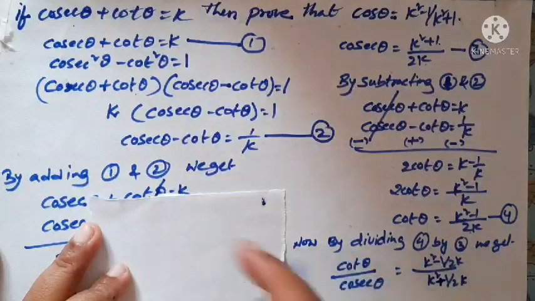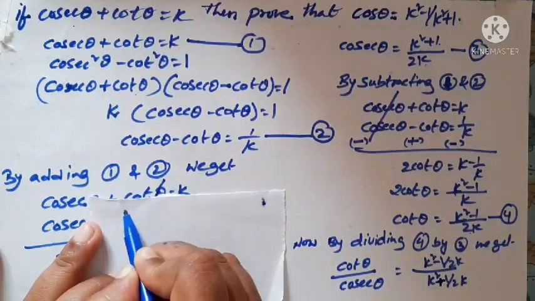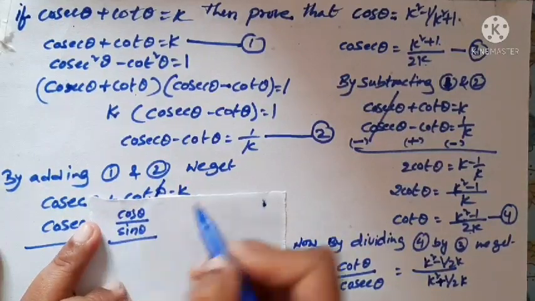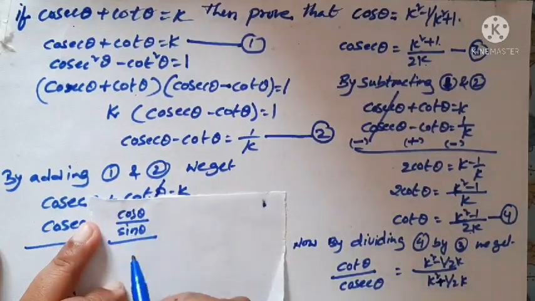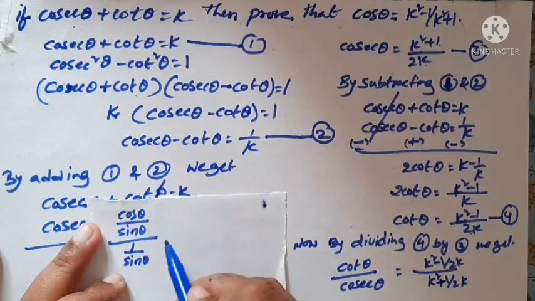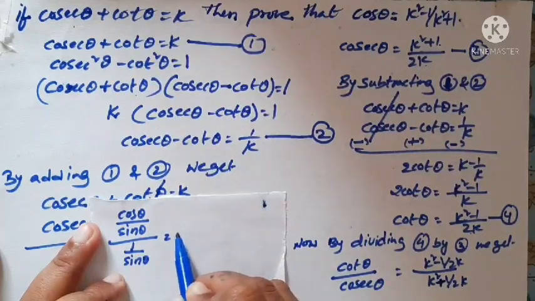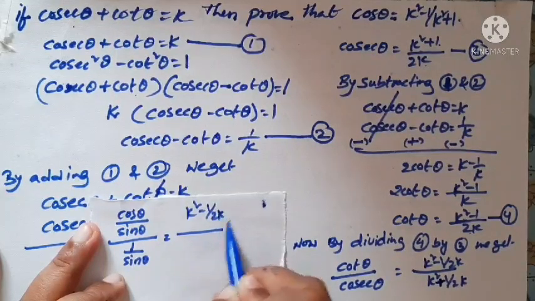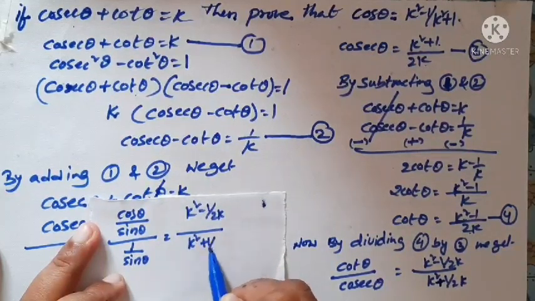You know that cot theta value is cos theta by sin theta. And now cosecant theta is the inverse of sin theta. So you have to write 1 by sin theta instead of cosecant theta. Here on the right side k square minus 1 by 2k, k square plus 1 by 2k.